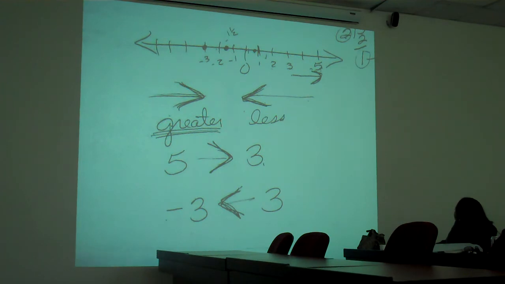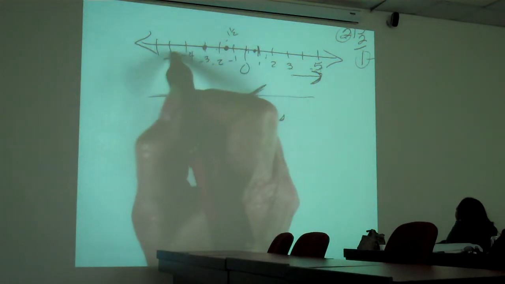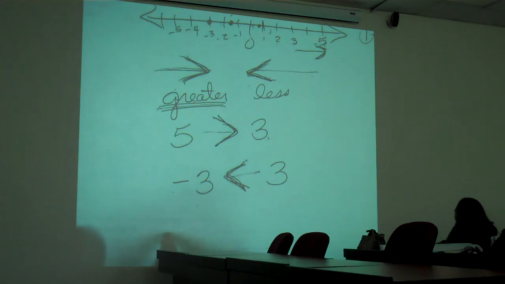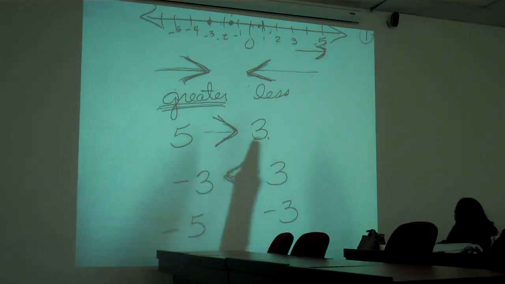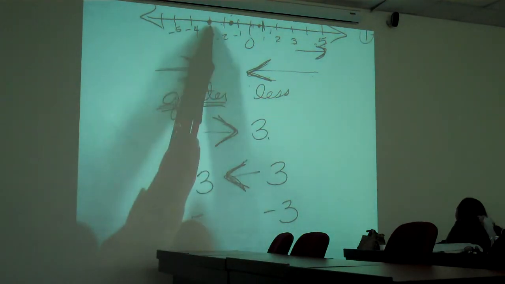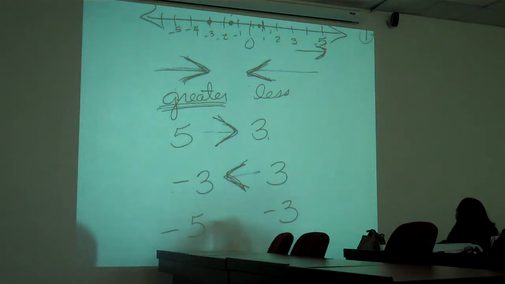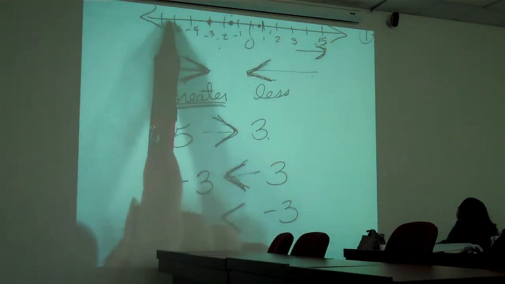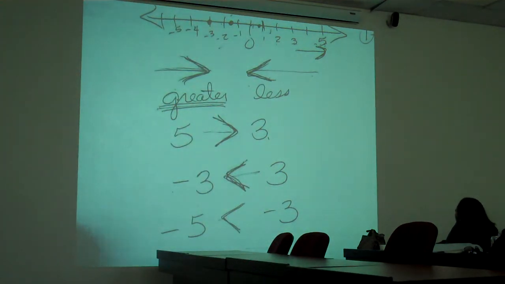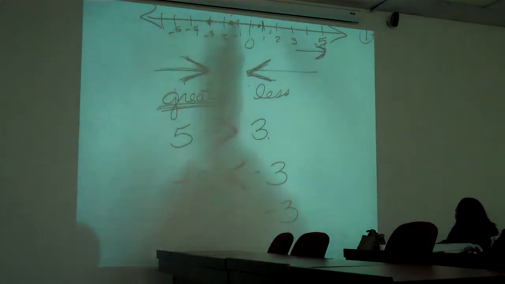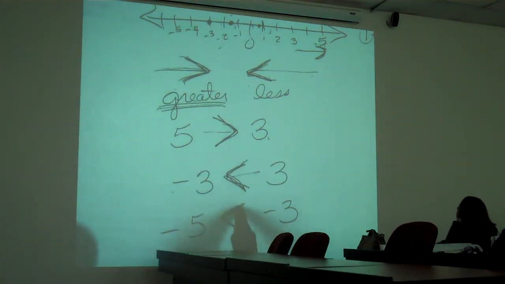The negatives are the ones that are a little bit more tricky, because if you had -5 and -3, it's not going to be like this, because the -5 is to the left of your -3. So you need it to go like an arrow to the left. -5 is actually less than -3. Okay, so just visualize the number line when you're comparing numbers like this.